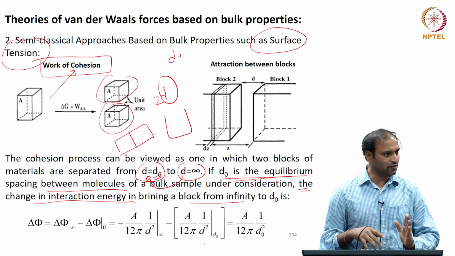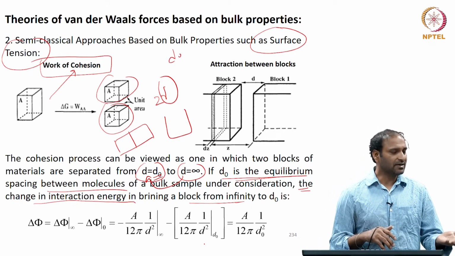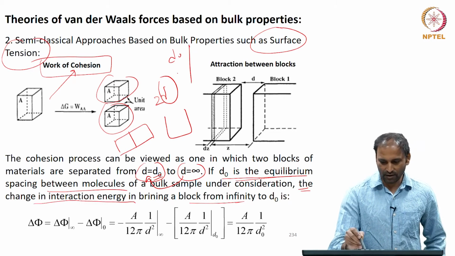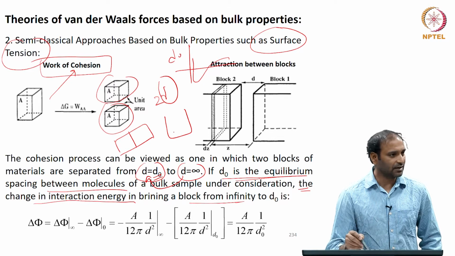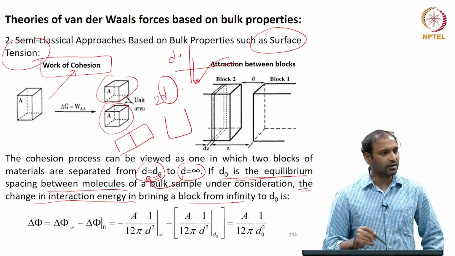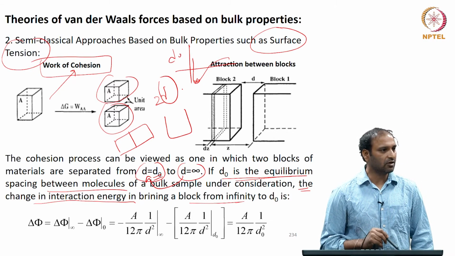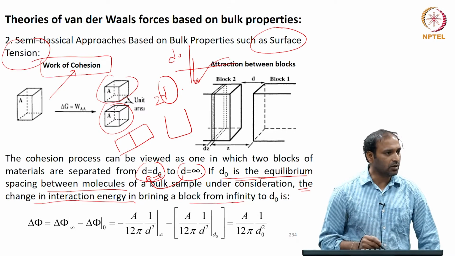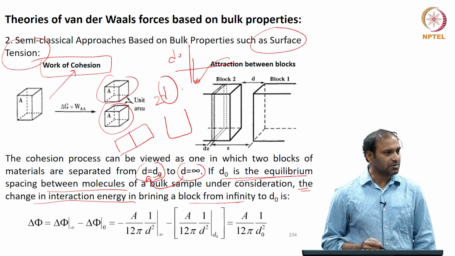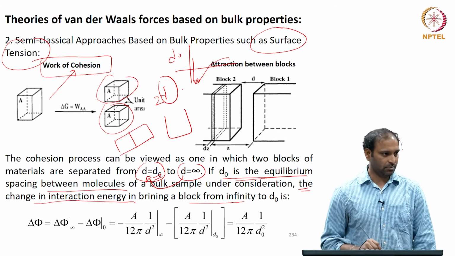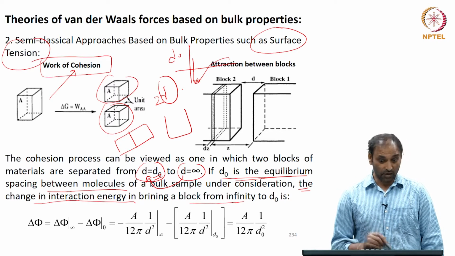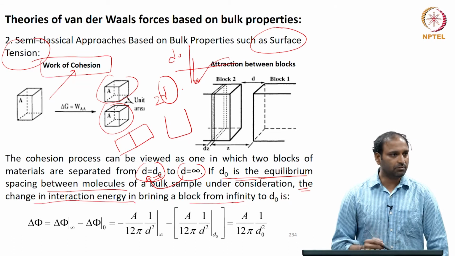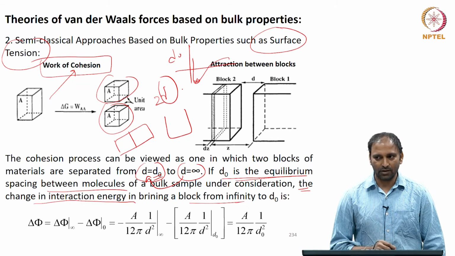If you look at the Lennard-Jones potential, we talked about adding the two components, so you had something like this. I am talking about that separation distance, the equilibrium separation distance between the atoms that constitute the bulk material. Here you are talking about the bulk, so the distance is also in the atomic range. Yes, this is going to be in the sub-nanometer range.